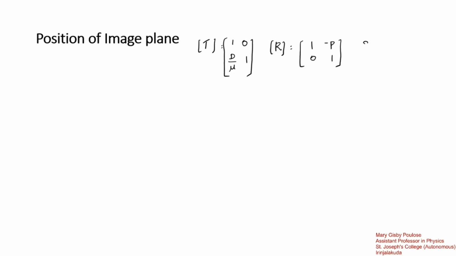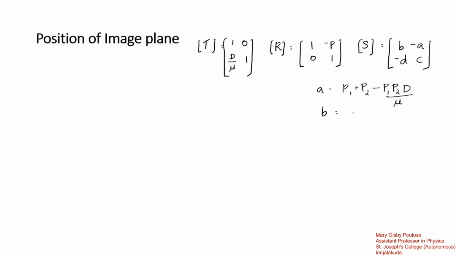System matrix S is given in Gauss constants as matrix [B, -A; -D, C], where A is given as P1 plus P2 minus P1 P2 d by mu.